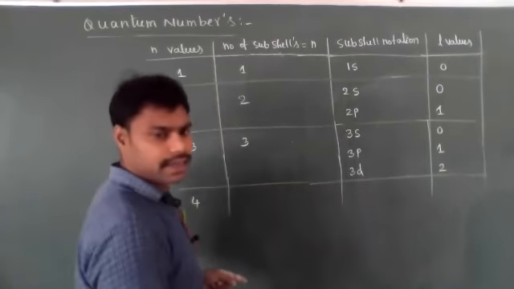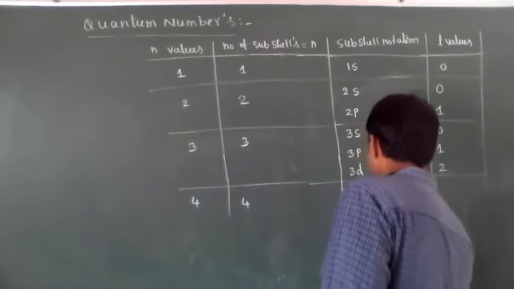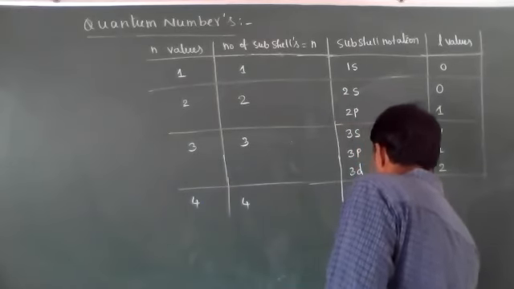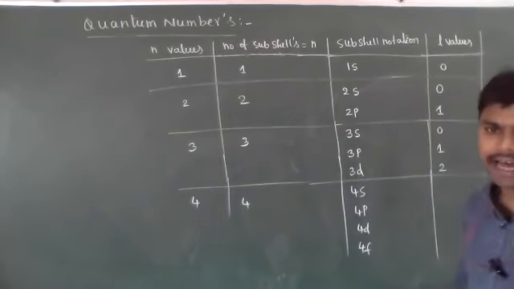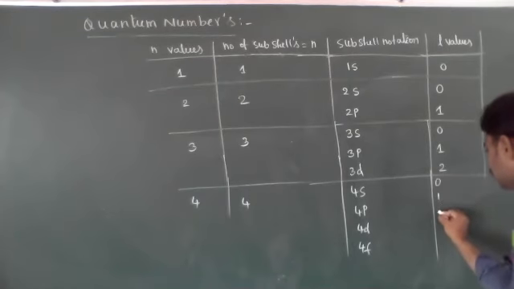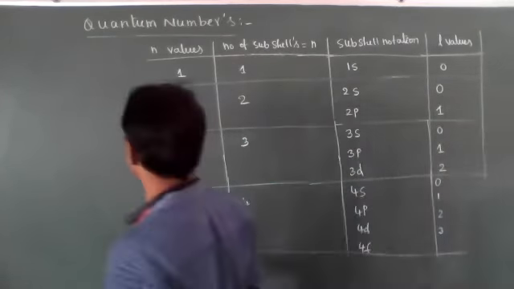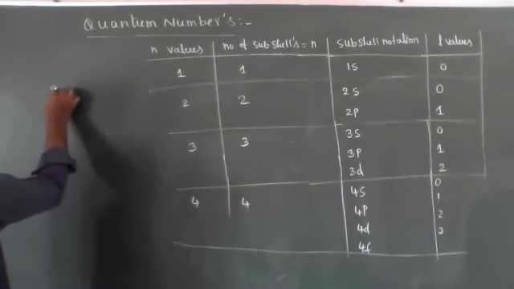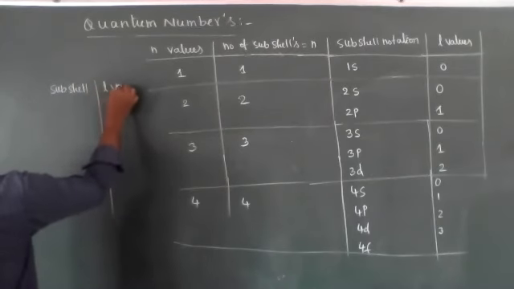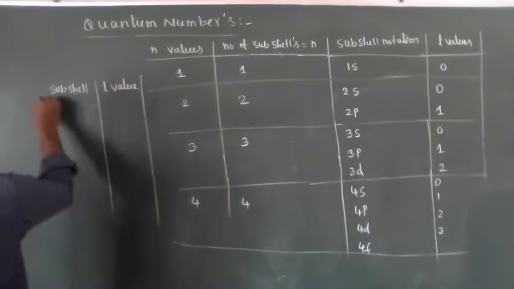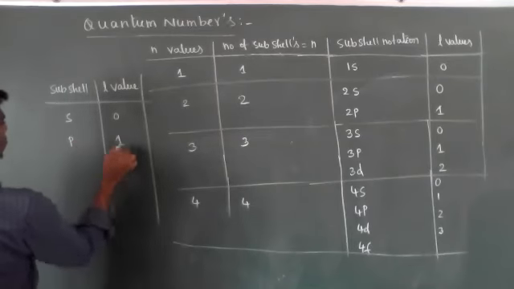n equal to 4, four subcells are present: 4s, 4p, 4d and 4f. Then L values are 0, 1, 2, 3. So as a shortcut, you have to remember the subcell and L value. If the S subcell is present, L equal to 0. P subcell, L is equal to 1.